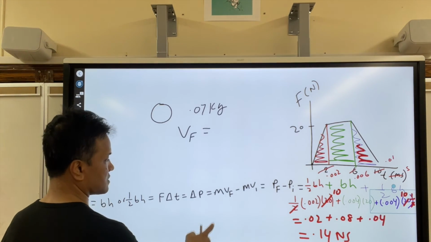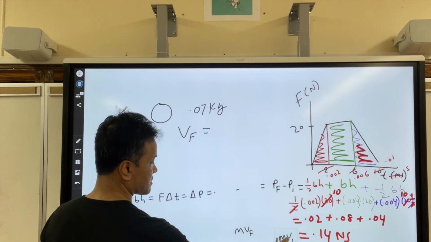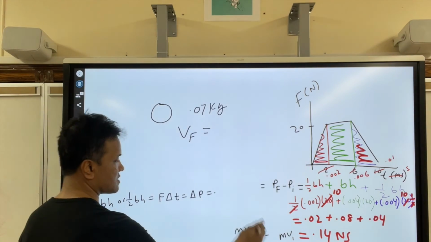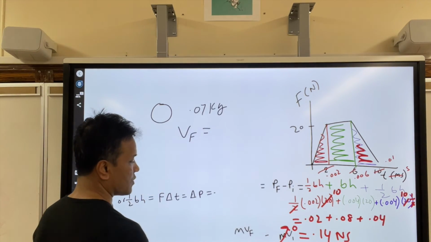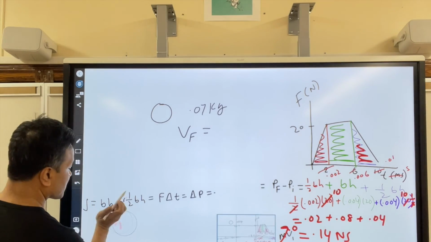Equal to what? Equal to this one, right? What is initial velocity? Initial velocity is 0. We want to know final velocity. So then final velocity must be what?